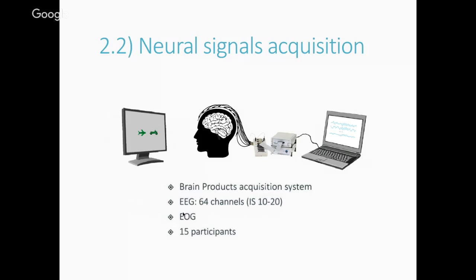Considering signal acquisition, I've used Brain Products with 64 EEG channels and also one EOG channel for removing the ocular movements. And for the stimuli presentation, I've used processing.org, and the stimuli were designed partially using Inkscape, and for signal processing, MATLAB and Python.